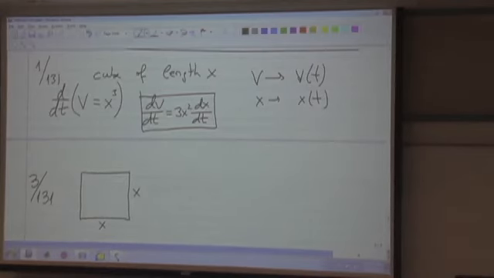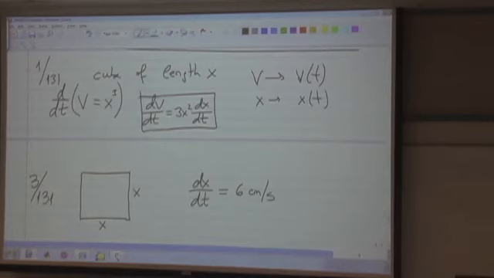So now let's look at it again. Each side of a square is increasing at a rate of 6 centimeters per second. What does that mean in terms of mathematics? Increasing rate. That should come to you as the rate at which x increases is equal to 6 centimeters per second.